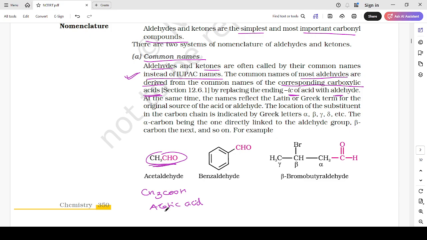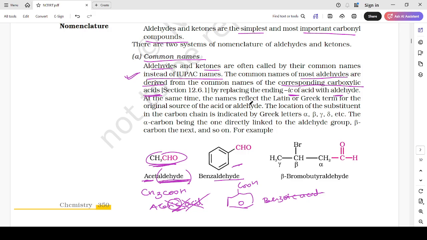I'm just removing the ic and acid, and adding aldehyde. I call this acetaldehyde. Look at the same one here. Benzoic acid. Remove this, add aldehyde. Benzaldehyde.